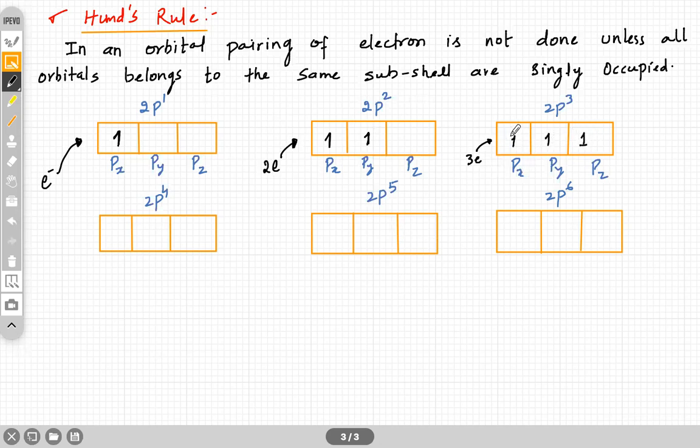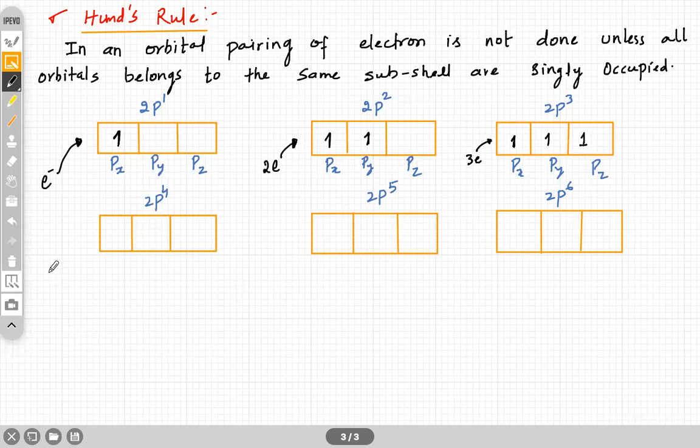Like this, the distribution of electrons takes place in the orbitals. So pairing is not possible until this stage. I'm talking about the p subshell. If you have d, then first 1, 2, 3, 4, 5, and then pairing takes place. So pairing is possible when we have this particular configuration.